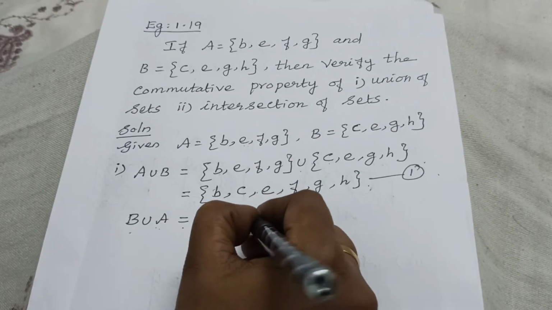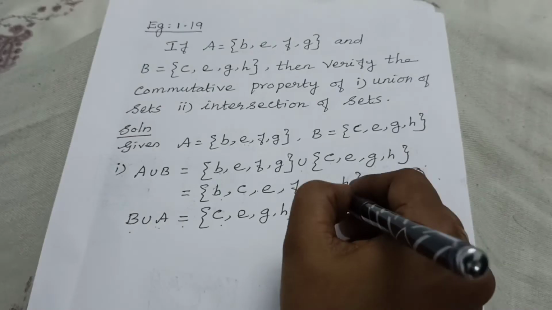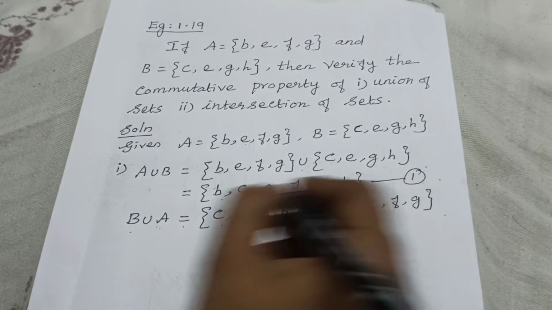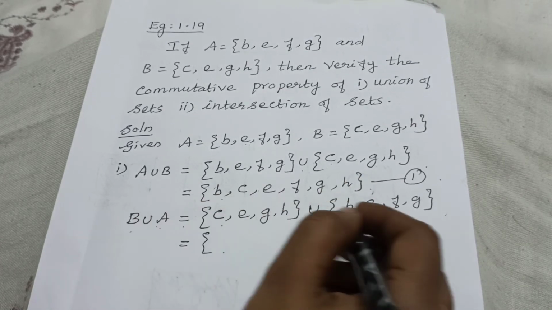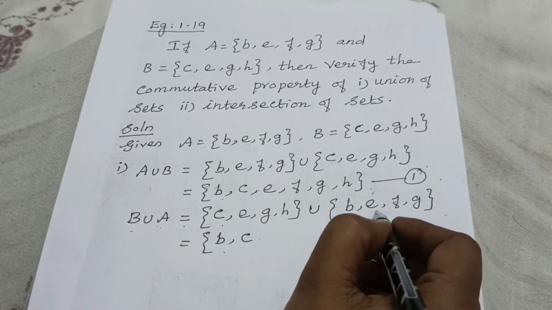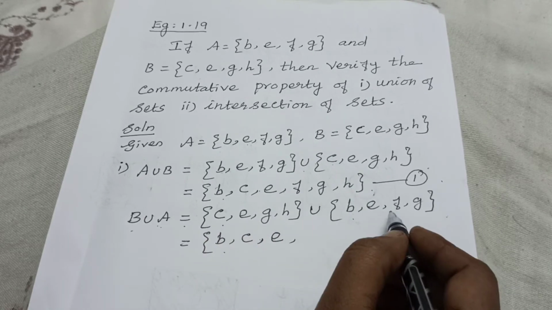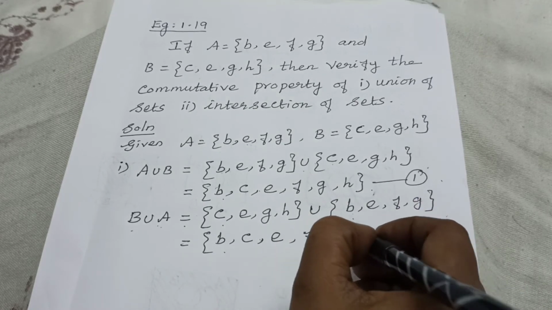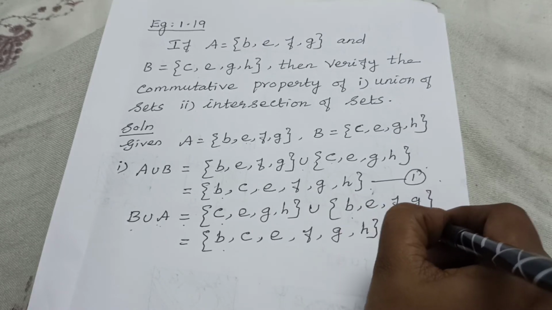C, E, G, H. Then union, then the A elements B, E, F, G. Okay, for the union of these two, arrange it: B, then C, then E which is common to both, then F, then G also common, then H. Okay, this is equation number 2.